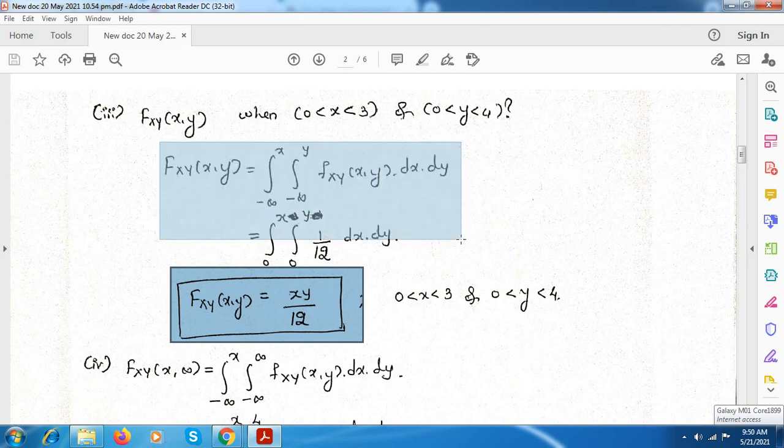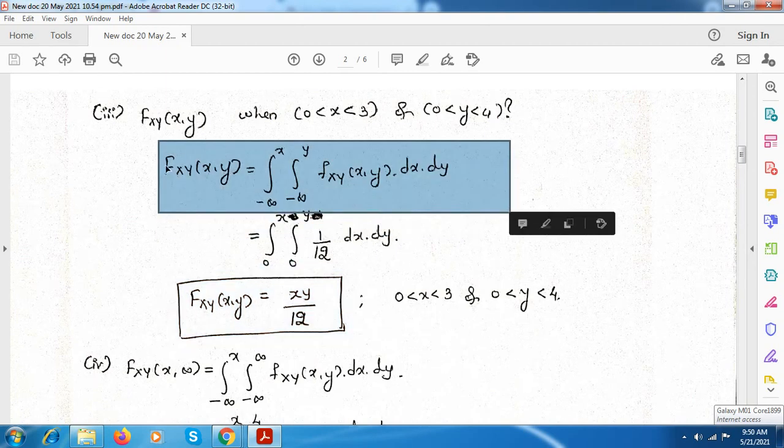Here in single random variable, we used to write fx of x is equal to integration minus infinity to x and this PDF fx of x into dx. But here we have two random variables, so fxy, and here two integrations, that is from minus infinity to x and minus infinity to y, and here it is bivariant PDF.